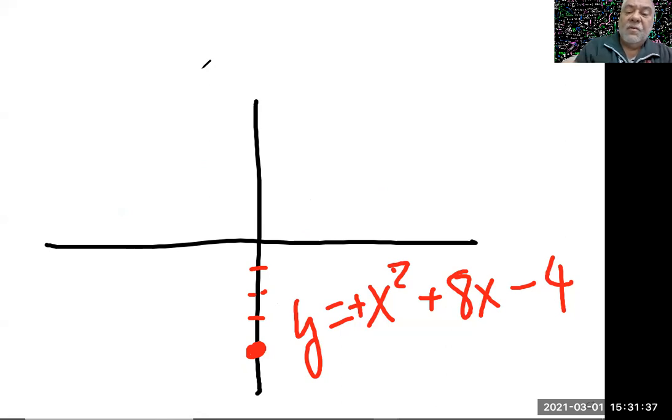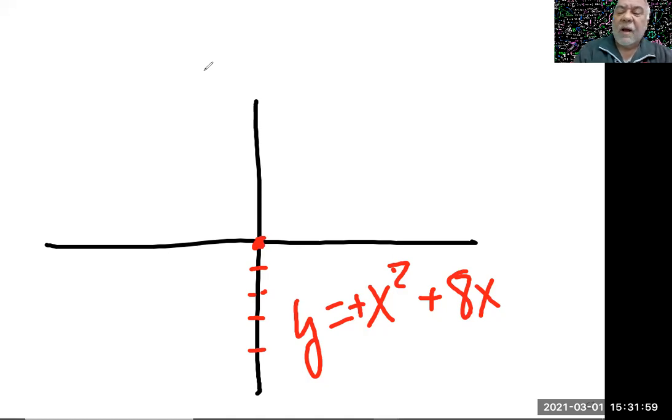If this were your equation, y is equal to x squared plus 8x, then you know that the x-intercept would be at the origin, at 0. But does it go to the right or to the left?